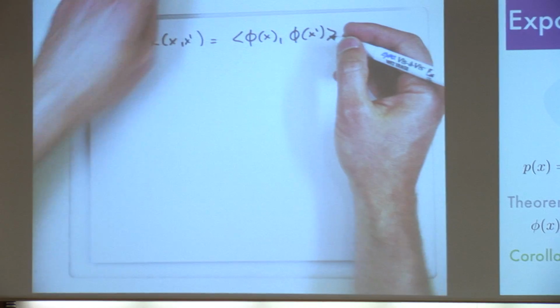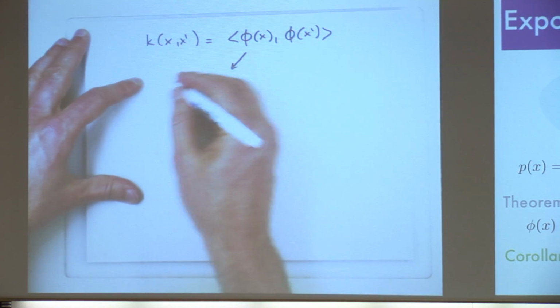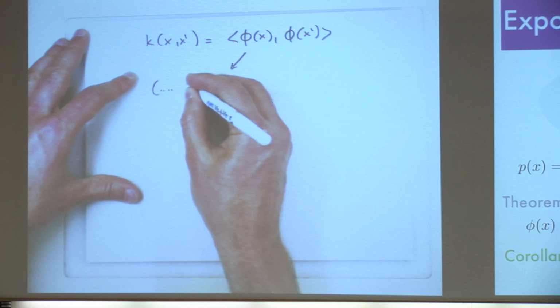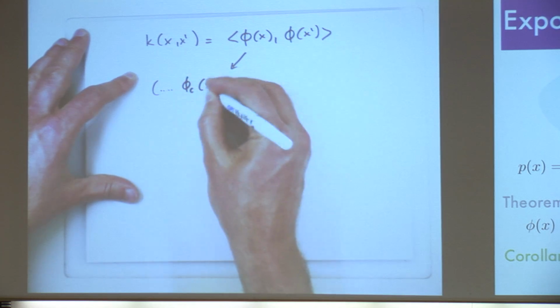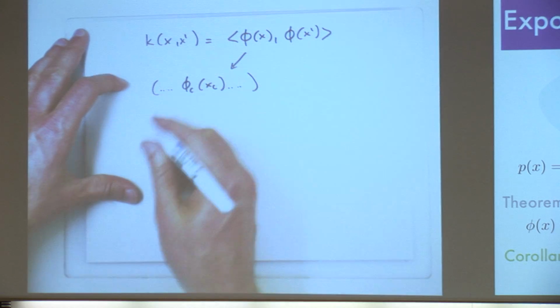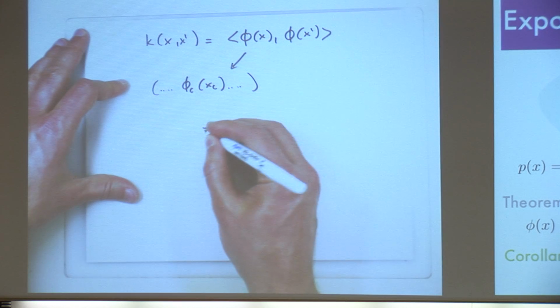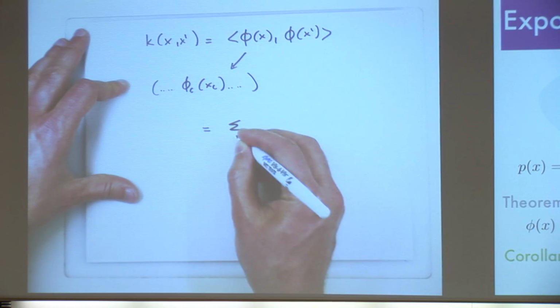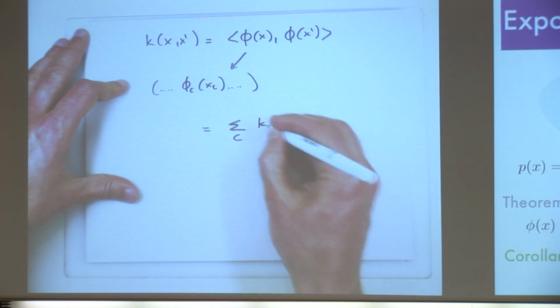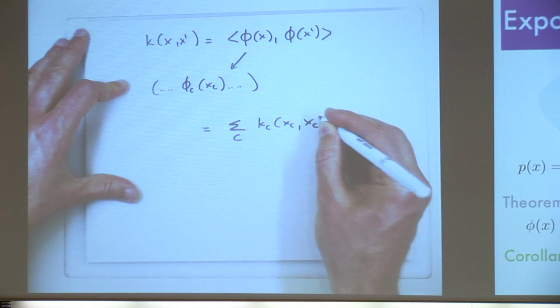Now, if I plug in my sufficient statistics, so I get phi_c of x_c, then k of x and x prime amounts to the sum over all the cliques of k_c of x_c and x_c prime.